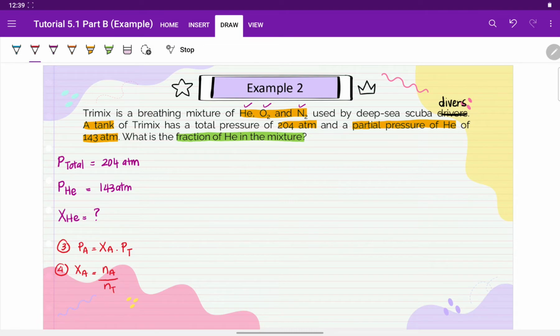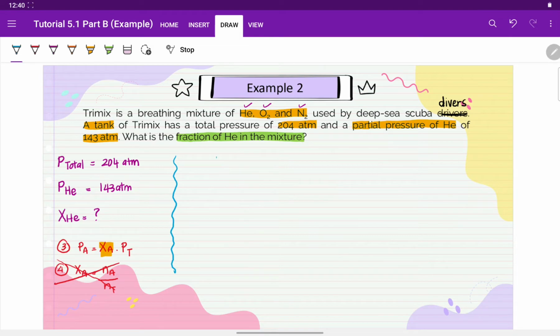We need to have the number of moles of helium, oxygen and nitrogen. Do we have it? We don't. So, when we don't, it means this equation number 4 is not suitable. Then we look at equation number 3. We want to find the mole fraction here. So I highlight it. This is what we want to find. So we must have the information of partial pressure and total pressure. Since we want the mole fraction of helium, PA here must become P helium. Do we have it? Yes. P total, do we have it? Yes. So once you confirm which equation you can use, only then we will write our answer.